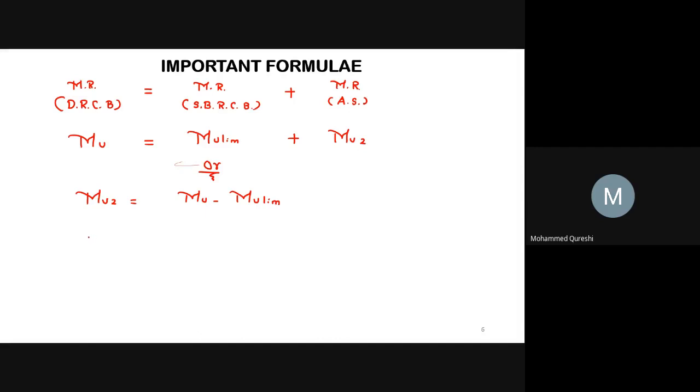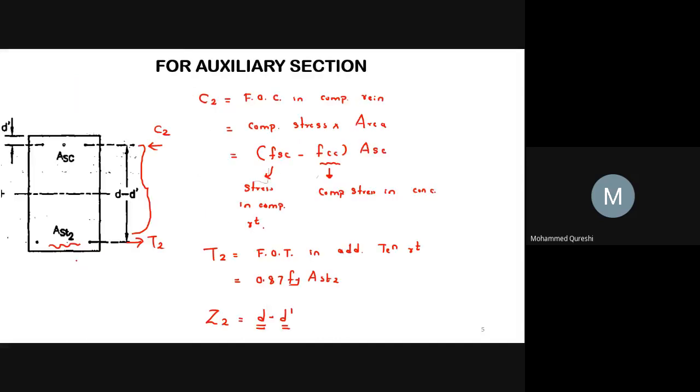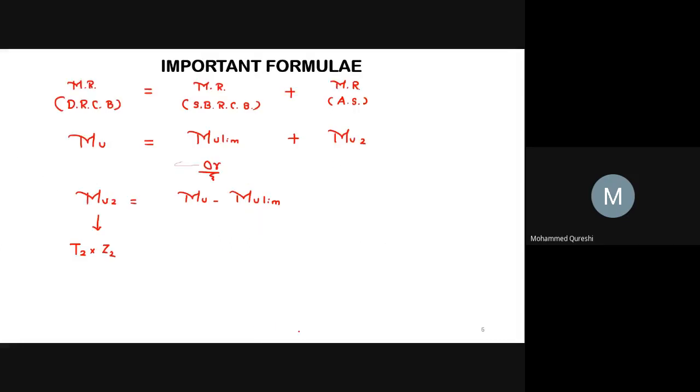So now we will calculate the value of Mu2. So what is Mu2? Mu2 is nothing but T2 into Z2, that is tension force into lever arm. So we achieved the value of T2 as 0.87 Fy Ast2 and the value of Z2 as D minus D dash. So here we will get the value of Mu2 equals to 0.87 Fy Ast2 into D minus D dash.